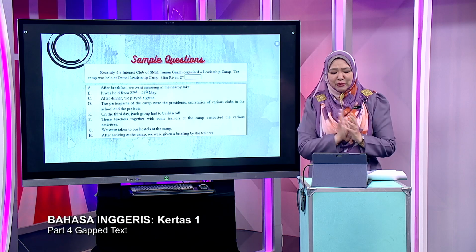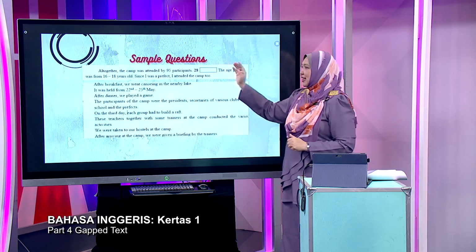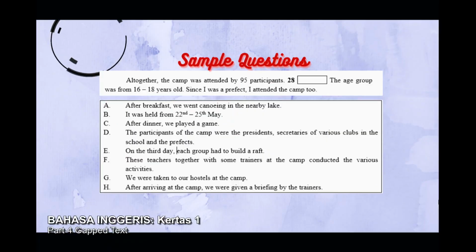Okay, how about another one? We still have time. Here, the second one. "Altogether, the camp was attended by 95 participants." Number 28. "The age group was from 16 to 18 years old. Since I was a prefect, I attended the camp too."